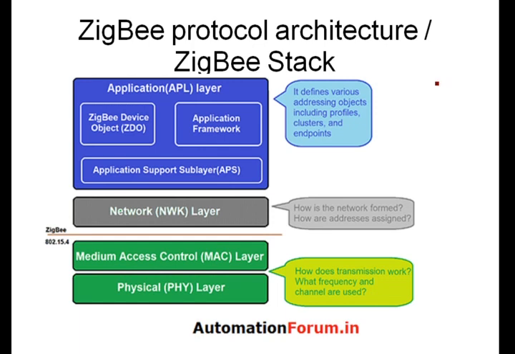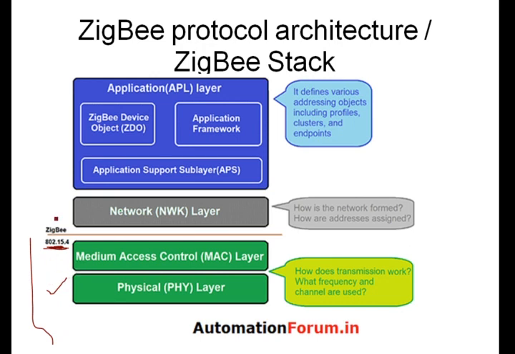Now as I said, all the WPAN, low powered wireless personal area networks, are built on 802.15.4. Again, we have seen while studying 802.15.4 that this is a base for Zigbee. So you can see this part completely is 802.15.4.